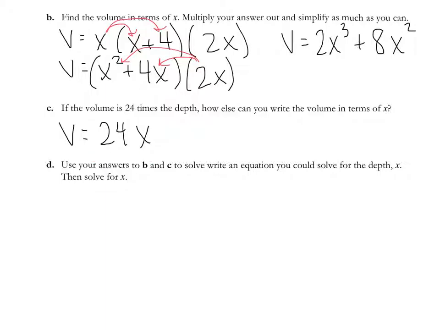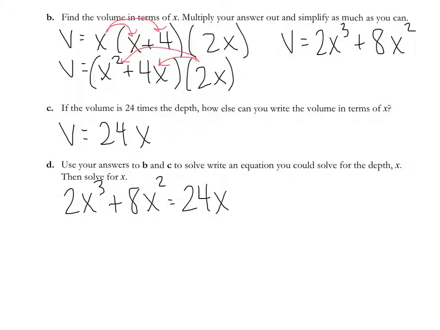If these are each supposed to be equal to the volume, and we're talking about the same cabinet, those 2 volumes had better be equal to each other. So we can write an equation that looks like 2x cubed plus 8x squared is equal to 24x. And that's an equation that we're going to be able to solve for our variable x.